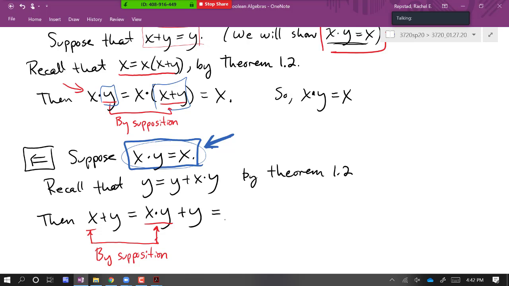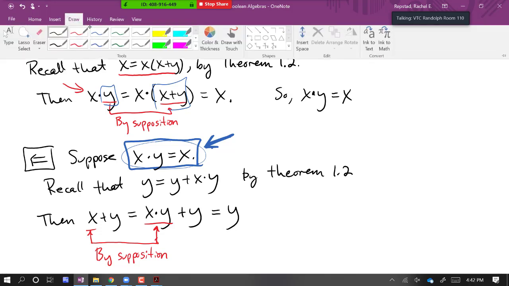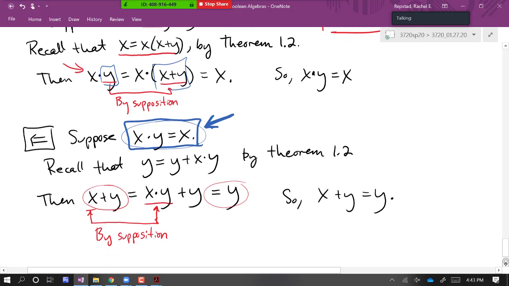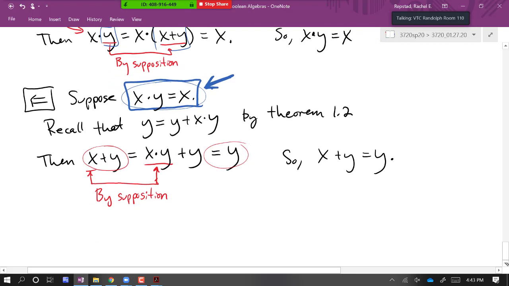Y. Yeah, that's the absorption law. So now here we have on one side x plus y, and we've maintained equality, equals y. And now we can just state our conclusion.